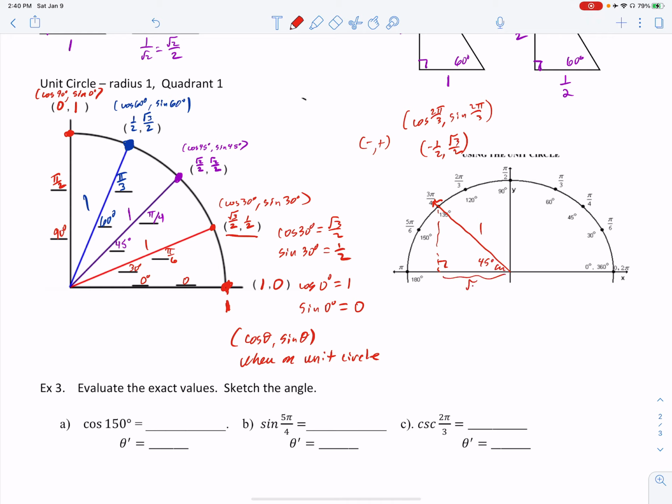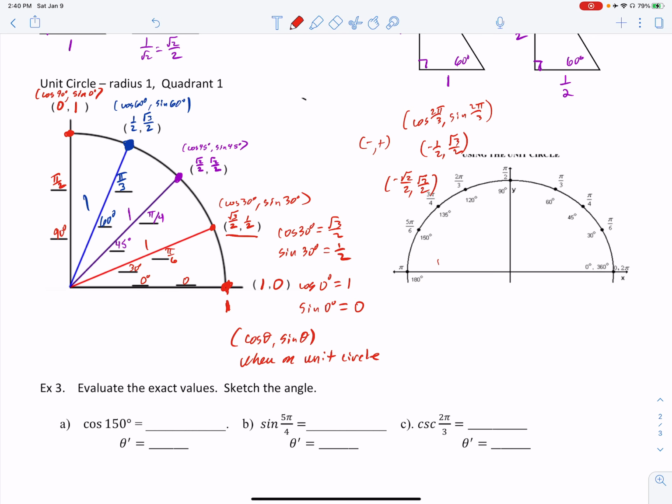This leg is root 2 over 2, and this leg is root 2 over 2. However, when you go to the left, that's a negative root 2 over 2. So this ordered pair is negative root 2 over 2 and up root 2 over 2. So we now have cosine of 135 degrees, sine of 135 degrees. Cosine is negative root 2 over 2, and sine is positive root 2 over 2.